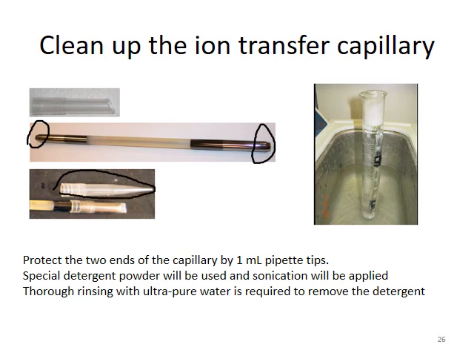You can cut off the tiny ending of the pipette tip, and then put it on the two ends of the capillary ion guide, and then you can leave it in a clean measuring cylinder, put in the special detergent powder and apply sonication for a certain period of time.